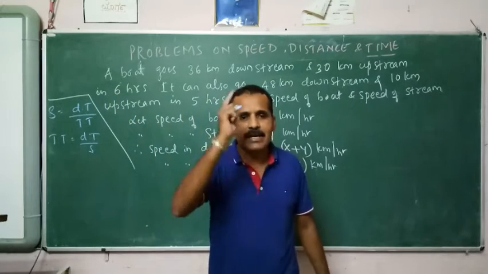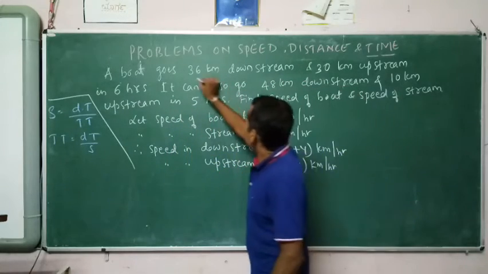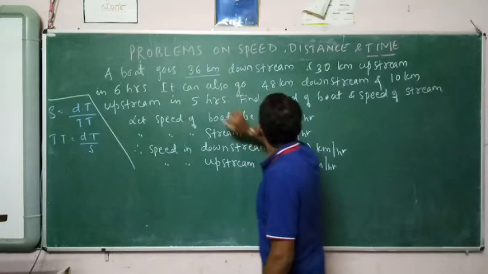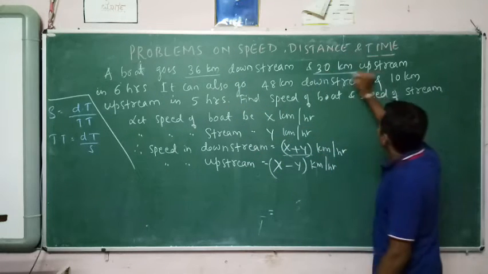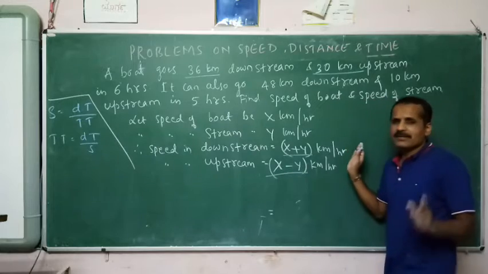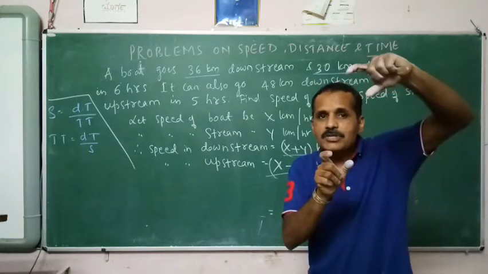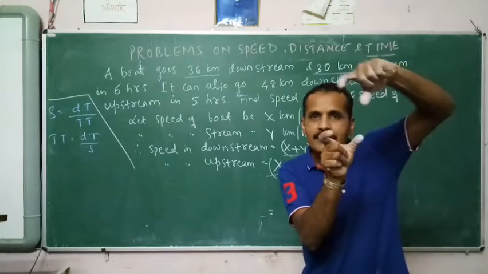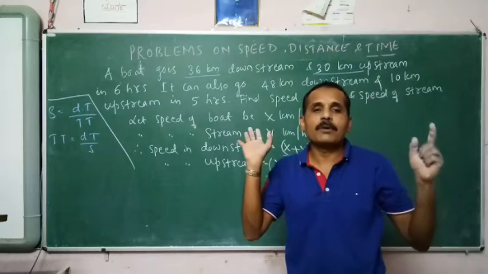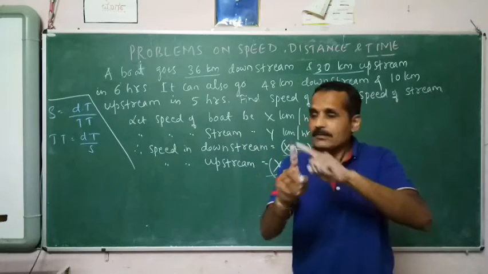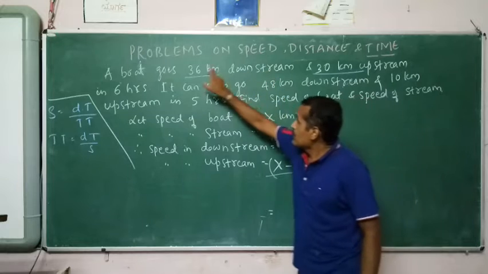Distance by speed. See, distance is here and speed is here. Again, distance is here, speed is here. Just divide them, that's all. But keep in mind, downstream distance, downstream speed. Upstream distance, upstream speed. That has to be divided properly. Don't interchange it. See, 36 downstream.